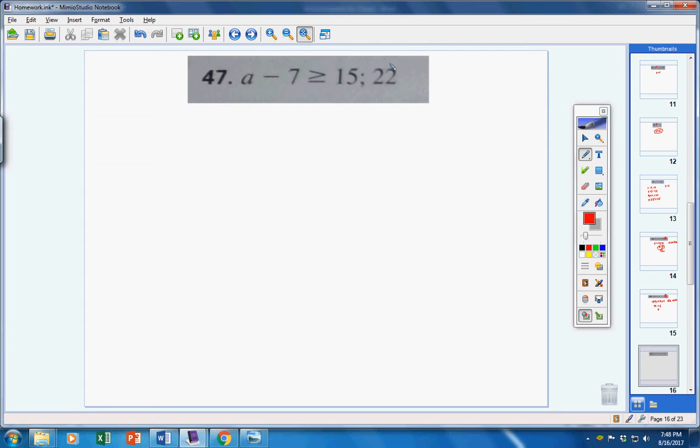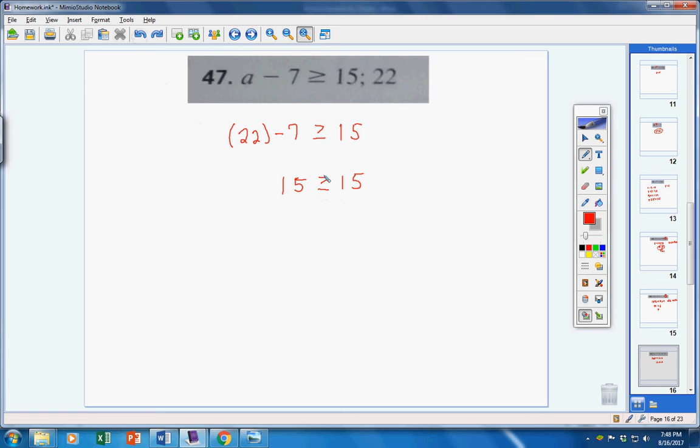Alright, number 47. Let's test the number 22. 22 minus 7 greater than or equal to 15. 22 minus 7 is 15. Now, is this true or false? Is 15 greater than or equal to 15? Don't forget, that line means equal to.